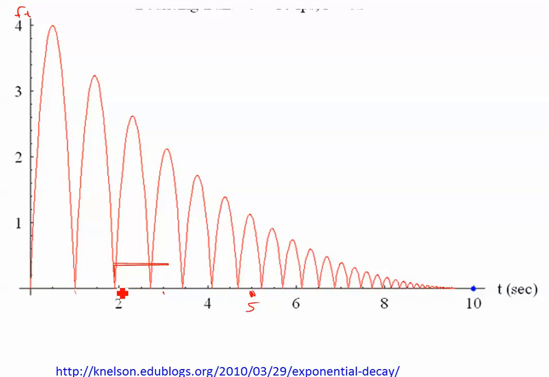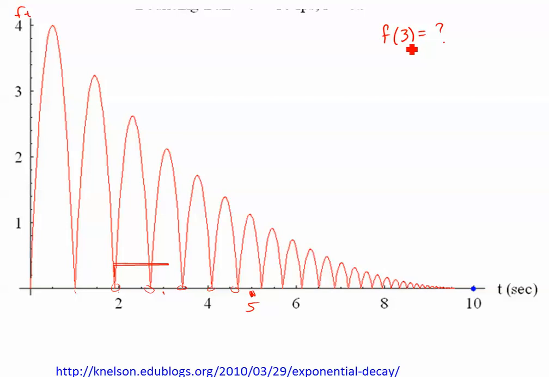There's 1 bounce, 2 bounces, 3 bounces, 4, 5, 6. 6 bounces in 5 seconds. So this is interpretation. We're trying to figure out what's happening. Now, as we look at this, you could do a similar thing as we did before. You can say, what is f of 3? Now, what exactly does that mean?